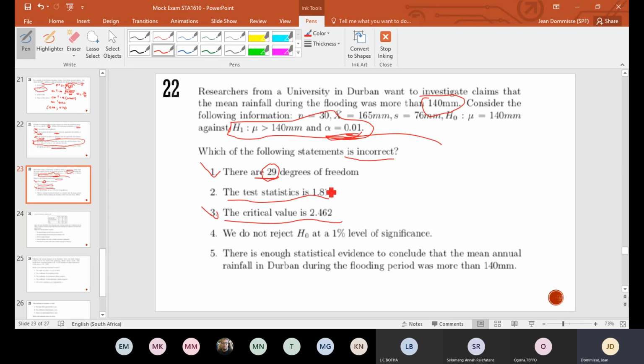Okay, so let's calculate. I just want to draw this here. If that is my t-stat that I'm working out, and if that is my critical value, then if my t-stat is smaller, I reject.